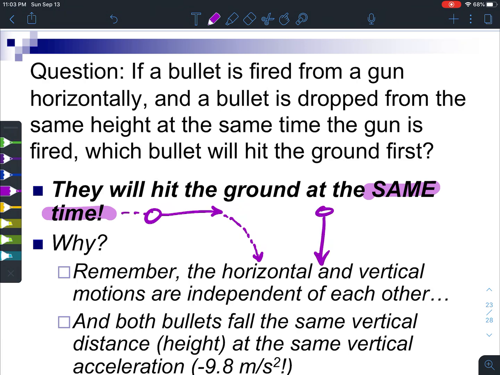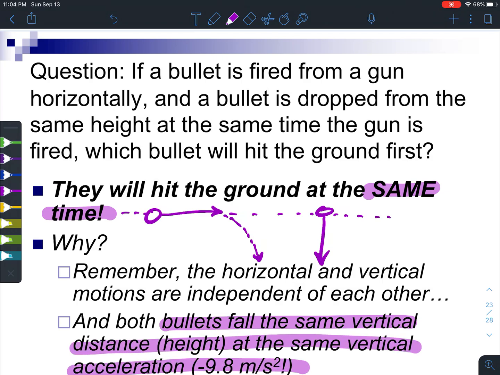But it is really important to note that these are happening at the same height. Okay, so what do we know that height affects? Height affects time. So they're in the air the same amount of time. We know that that means gravity has the same amount of time to affect them. And so because of that, we see that they fall from the same height with the same acceleration.